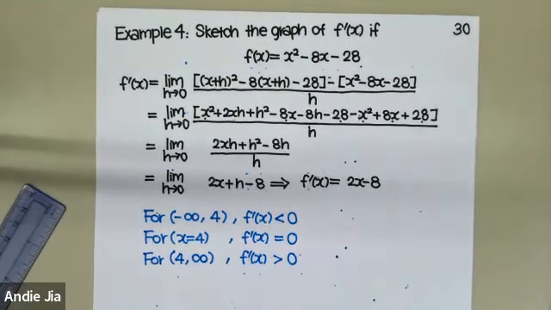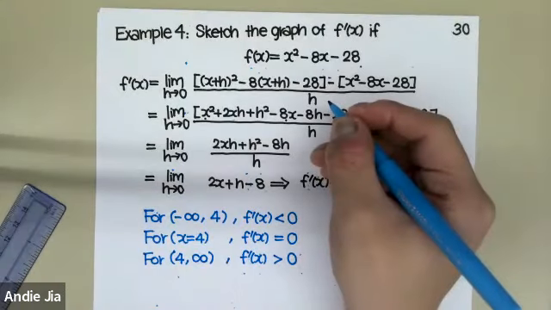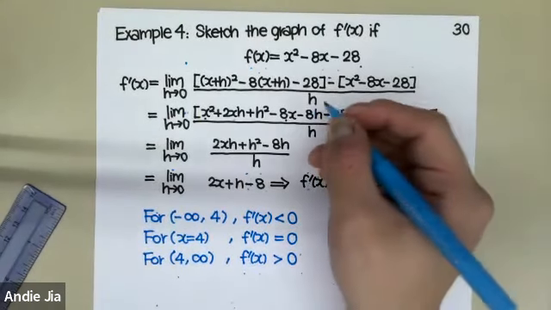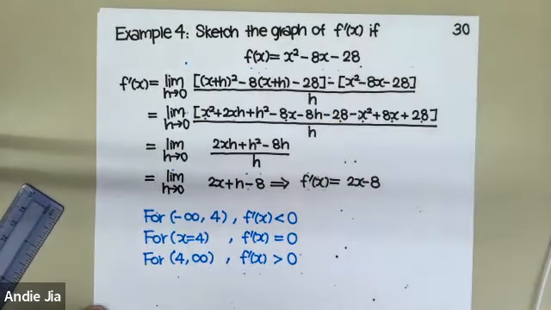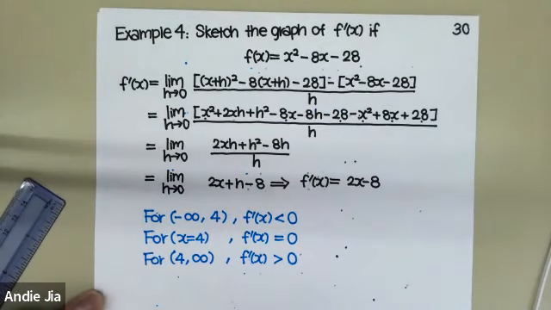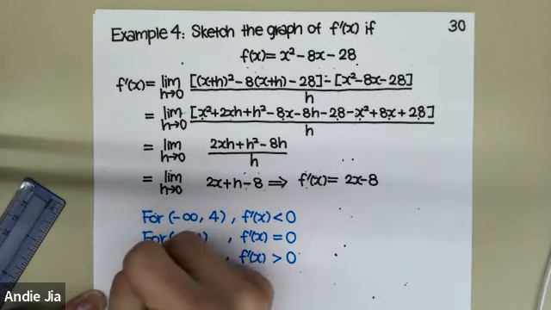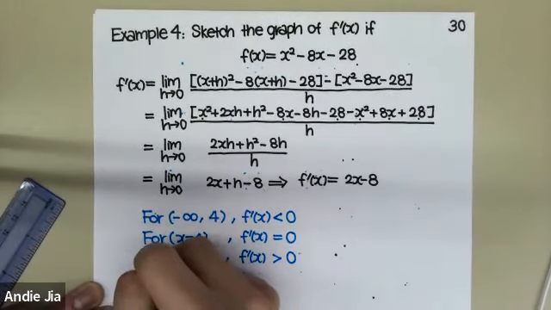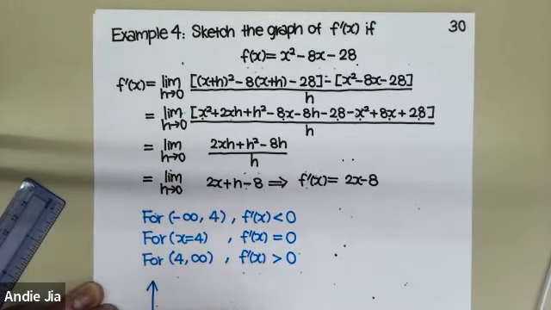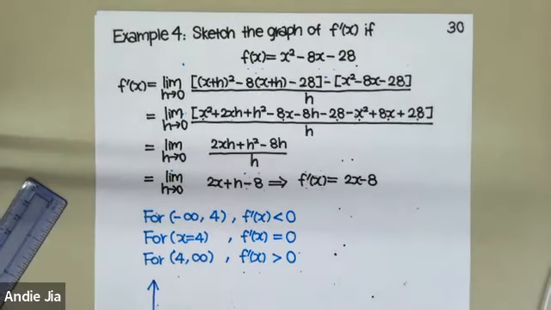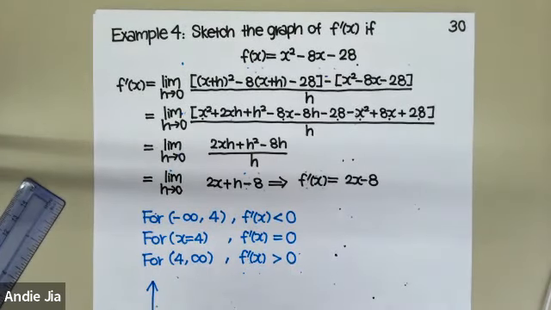And I can factor to find where zero is. If we plug in 0, it is negative 28.